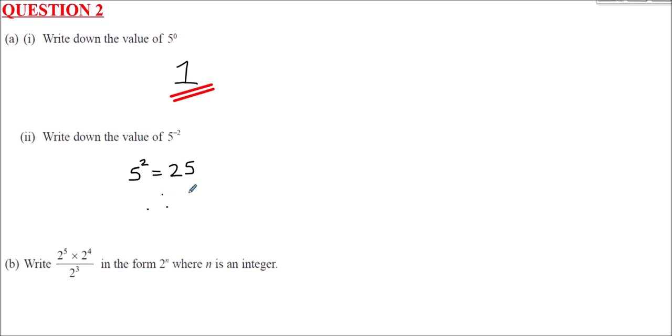Therefore, if we know what a value is to the positive version of the power, that value to the negative version of the same power is just the reciprocal of the answer of what we got when that power was its positive version. So 5 squared is 25, so 5 to the minus 2 will be the reciprocal of 25, which just means 1 over 25.